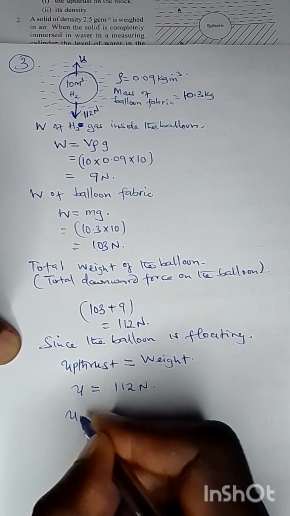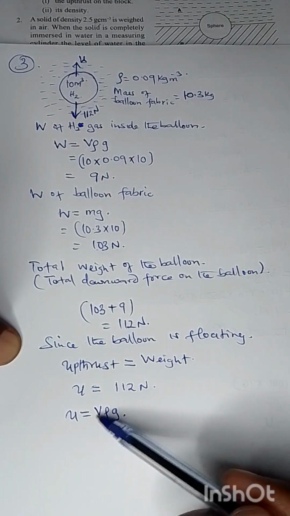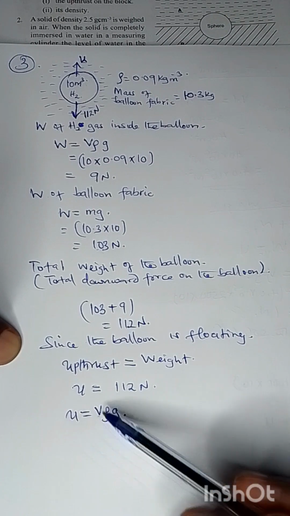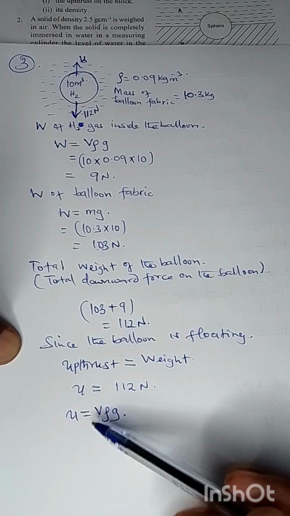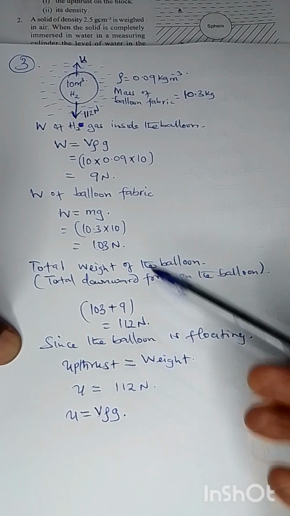Upthrust is given by V rho G. So the upthrust a given body experiences is calculated using this relationship where V is the volume of the fluid that body is displacing. This is the same as the volume of the body itself, which in our case here is this volume here.